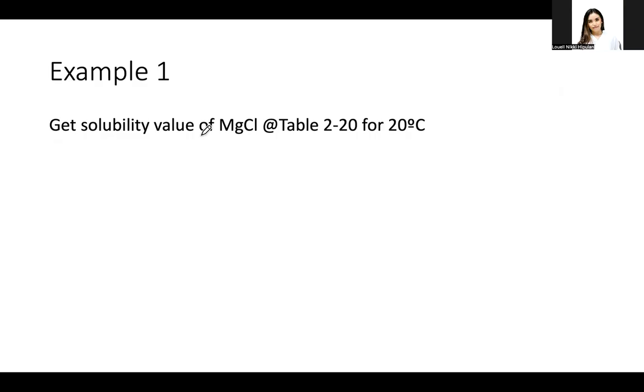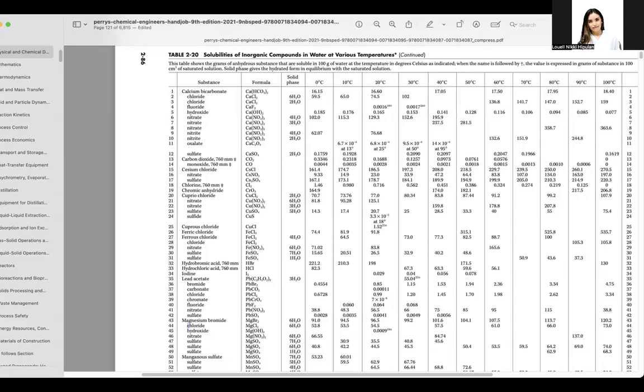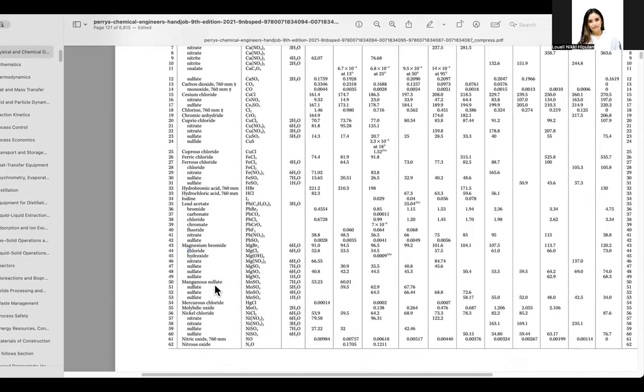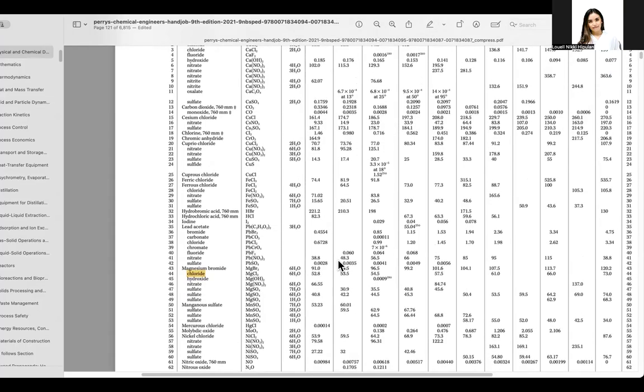Okay, so let's go back. I'm going to end this presentation and I'm going to share the Perry's. So we have magnesium chloride at 20 degrees Celsius. So magnesium chloride here, at 20.